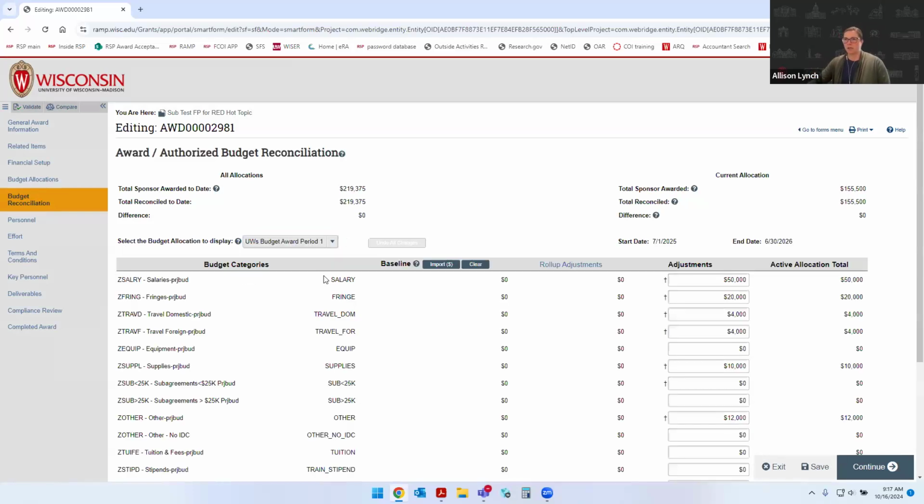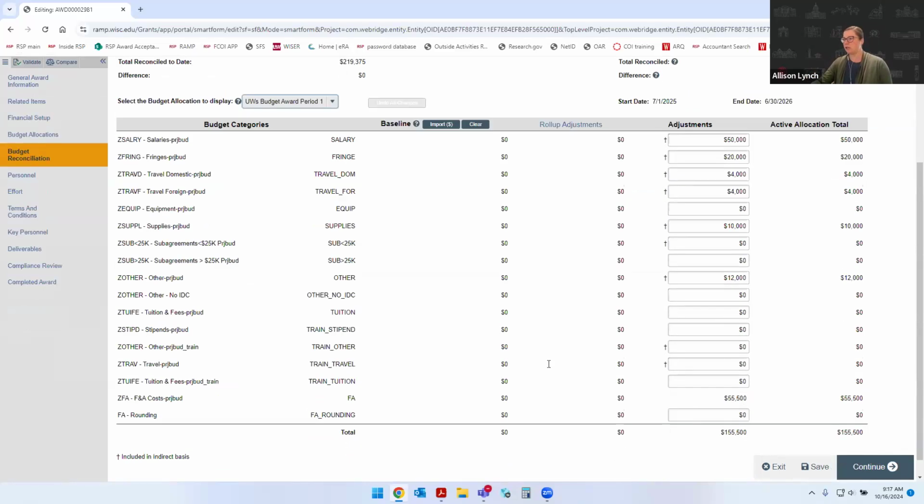So on the reconciliation page, each allocation set to authorized will populate down here. So we had set 2 of the 10 budget allocations to authorized. So those 2 allocations need to be reconciled. So we're going to first do the UW budget reconciliation. And remember, we had $100,000 in direct costs and the $55,500 in associated indirect costs.